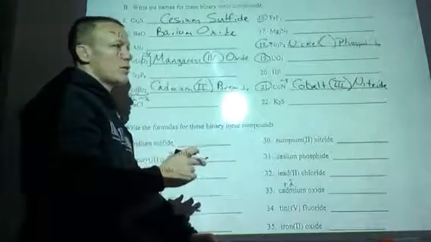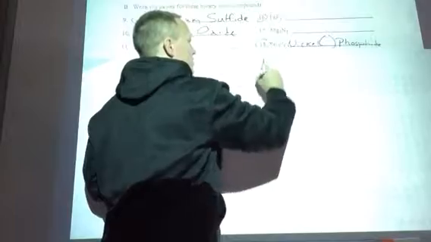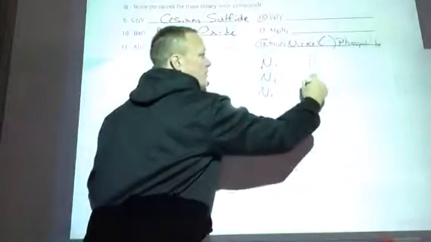A little bit different here. If I erase these, nickel phosphide means you have nickel, nickel, nickel, 3 nickels with phosphorus and 2 phosphoruses.